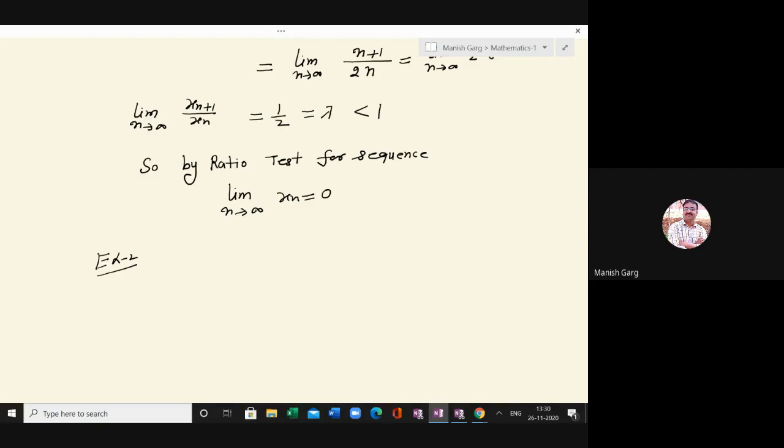So the limit as n tends to infinity of xn is equal to 0. Now example 2. Suppose you take, Sir, how did you solve the limit, sir?